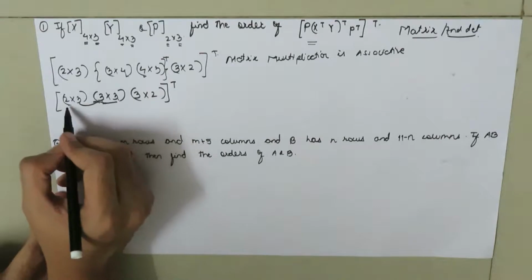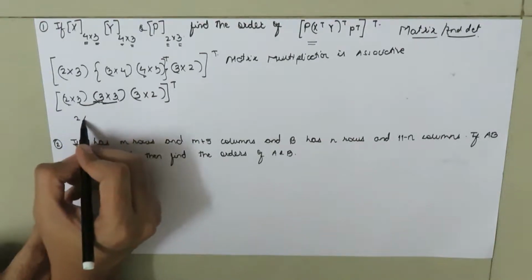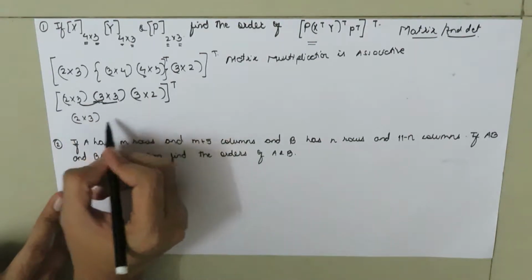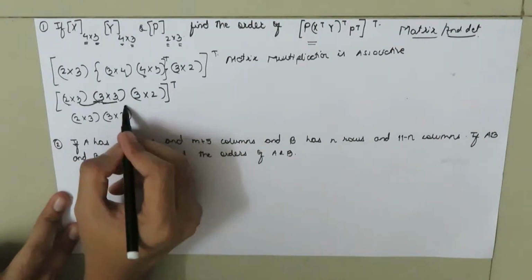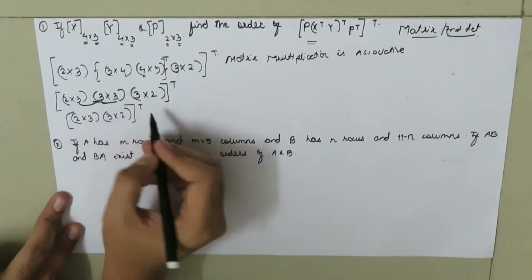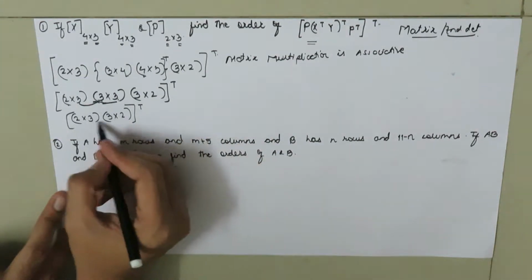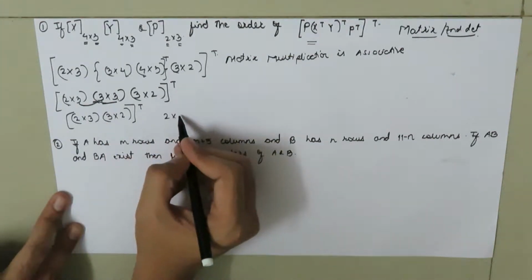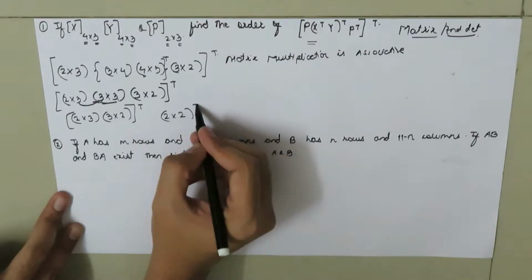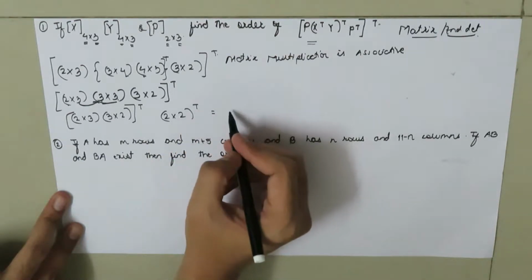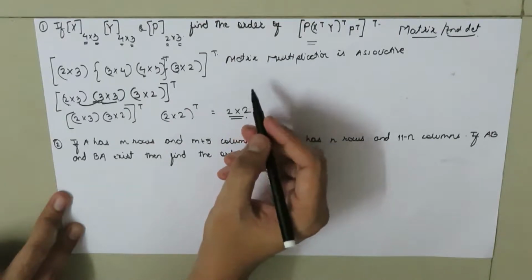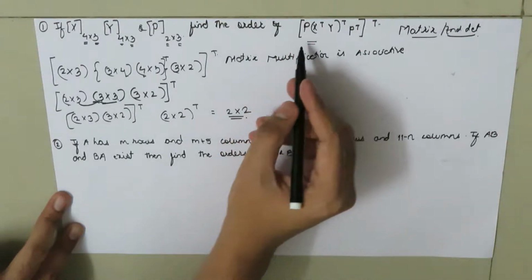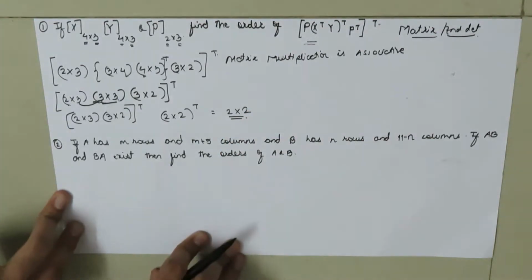So here the result will be 2 by 3 times a 3 by 2 matrix, and we are going to take the transpose, and if we multiply these two matrices we'll get a 2 by 2 matrix transpose, and the transpose of the 2 by 2 matrix is 2 by 2. So the order of this term is 2 by 2.